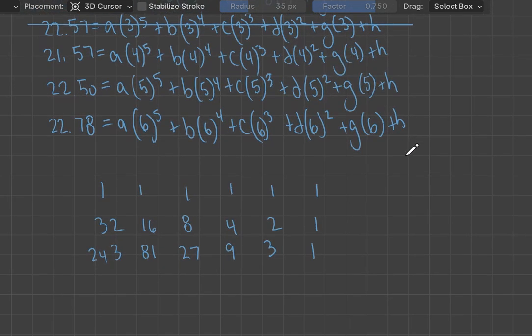Now we're on to the fourth row, where h is 1. H is going to be 1 for each of them. And we have 4, 16, this is 64, this is 256, and this is 1024.